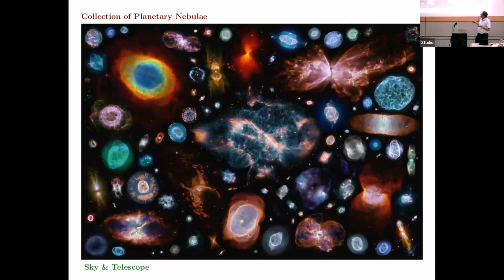Now, the sun will become a white dwarf of about 60% its current mass and about the radius of the Earth. In this beautiful collage, you see, of course, lots of very interesting and strange objects. We see lots of bipolar structures. And you may wonder, why do single stars eject matter in that way? Well, the reason is most stars actually are not single stars.